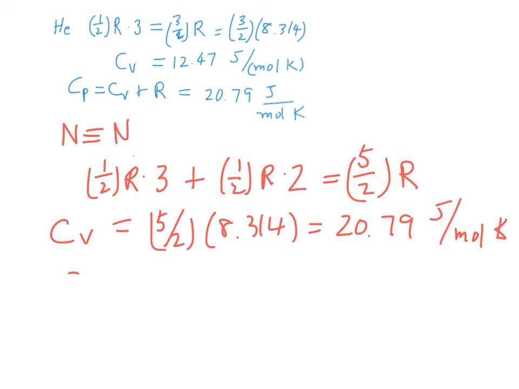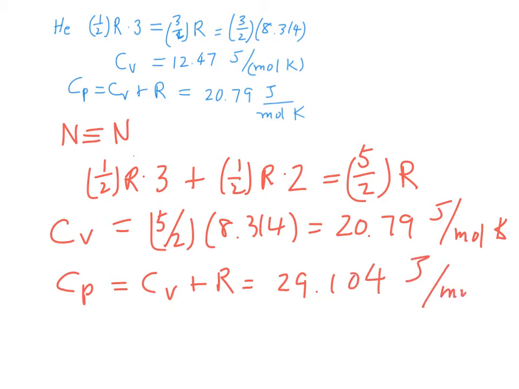For the ideal gas, Cp equals Cv plus R, and that will give me 29.104 joule per mole per Kelvin.